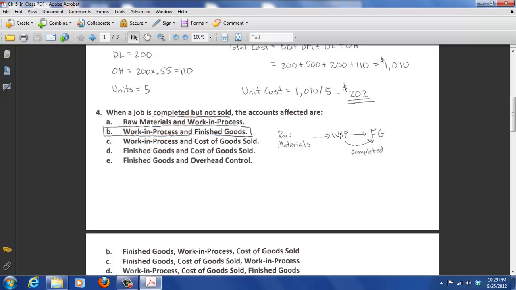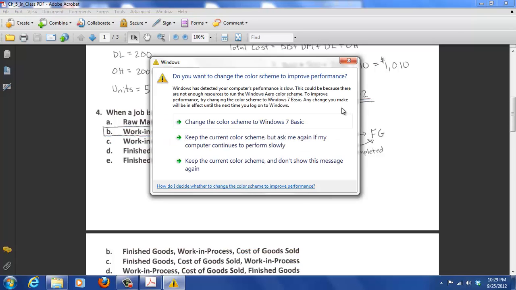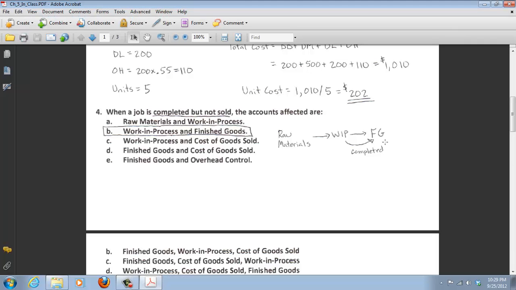So we're taking those partially completed items and actually moving them into the finished goods by completing them. And you can see that basically the two accounts that are affected are the work in process and the finished goods. We're going to be moving them out of work in process and into finished goods since they are complete. So the answer here is B.